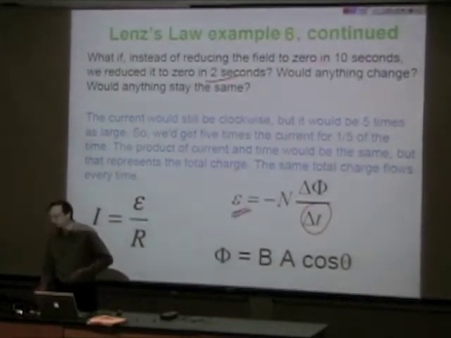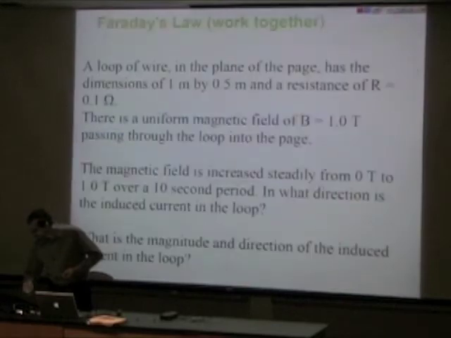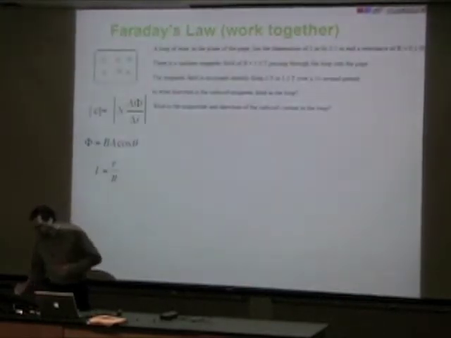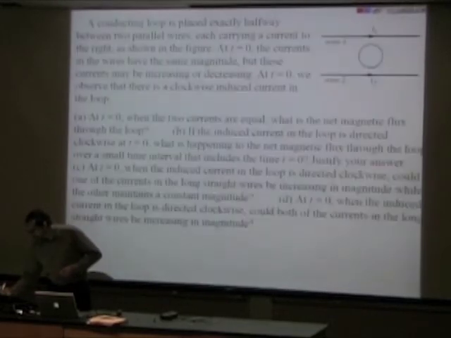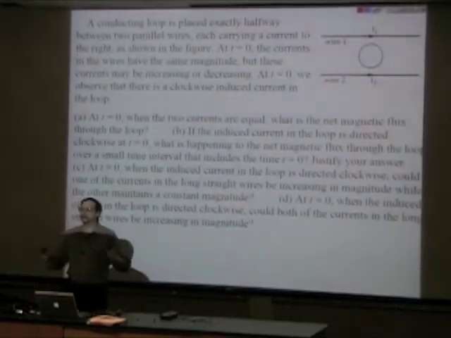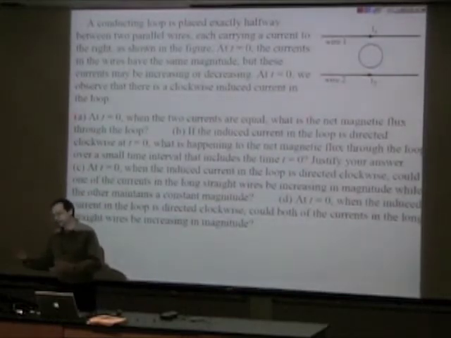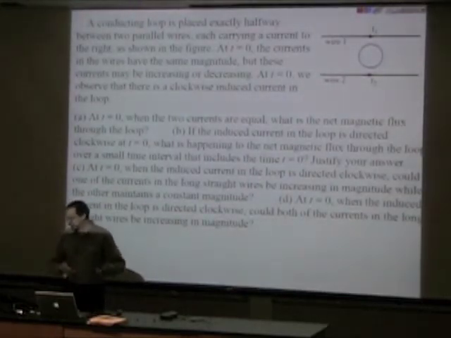It increases the EMF 5-fold, so it increases the current. We're not going to do this problem. Exactly the same calculation, but the magnetic field increases, so the final value of the flux is larger than the initial value.